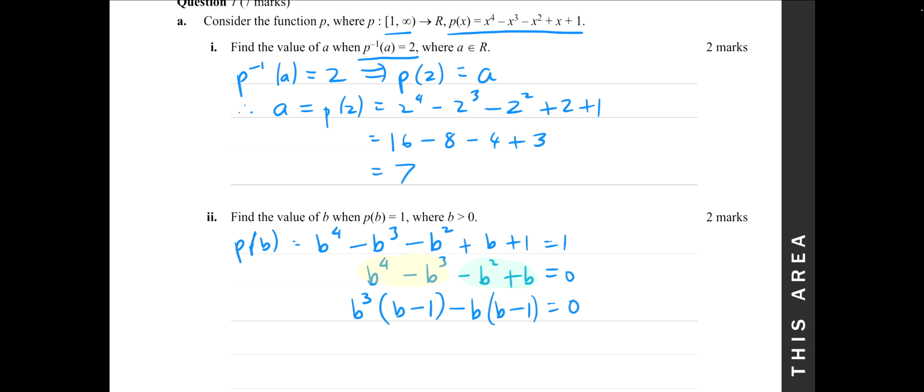So there we go. We now have a common factor of b minus 1, and the remainder is going to be b³ minus b, and that equals 0.